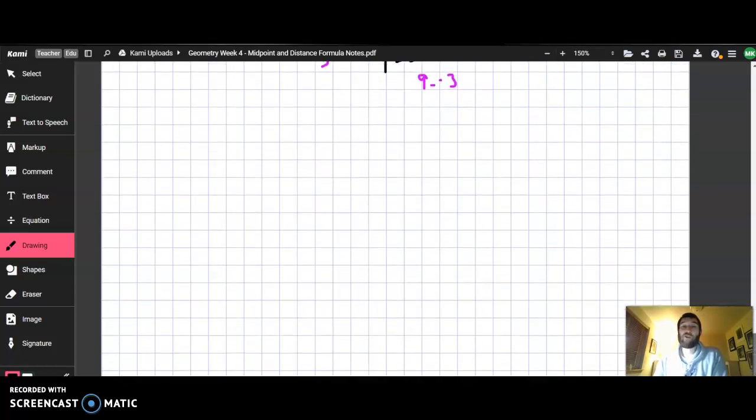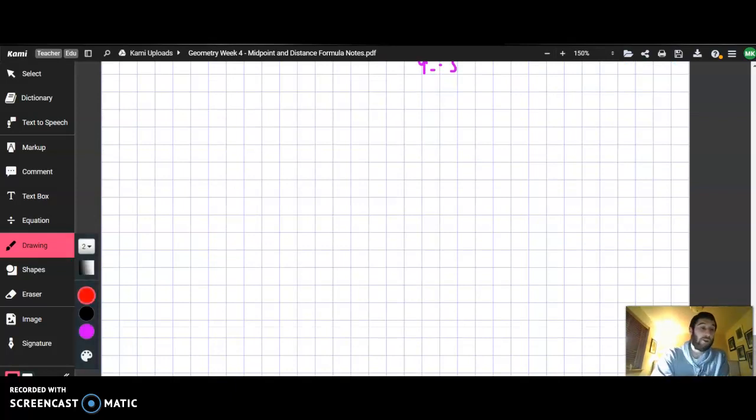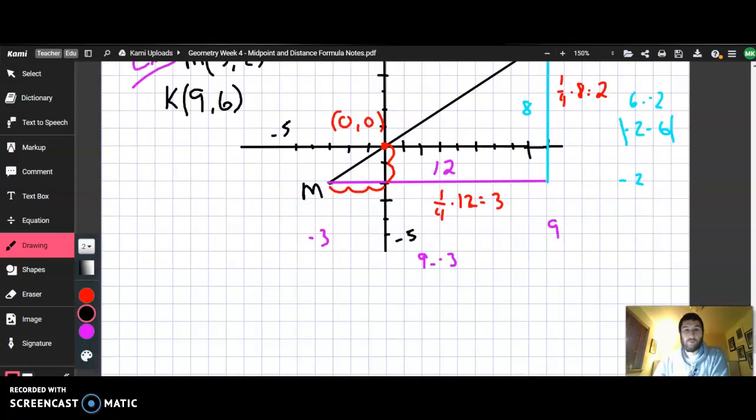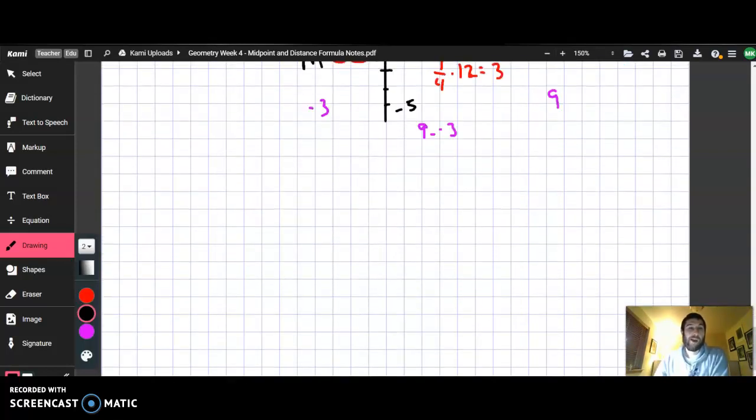So let's show that in application here for just the numbers. You're always welcome to draw a diagram. You're always welcome to use a picture, but here's the math that's behind it. So the math that's behind it, I'm actually going to write you a list of 3 steps. First, find the difference.